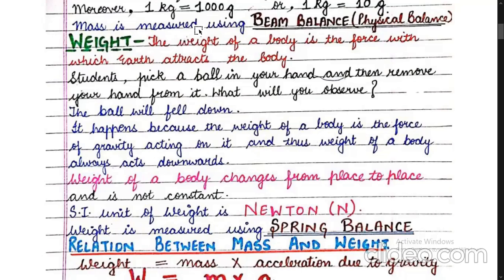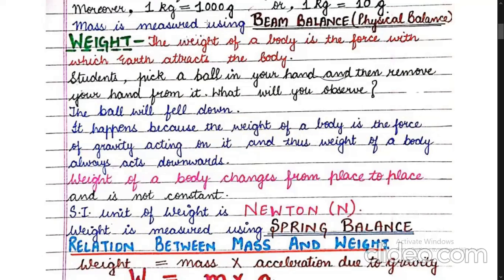Suppose you were holding a ball, the gravity was pulling the ball downward. And this force with which the ball is being pulled by earth is known as the weight of the ball. So children, the ball has fallen down because the weight of a body is the force of gravity acting on it, and thus weight of the body always acts downward.